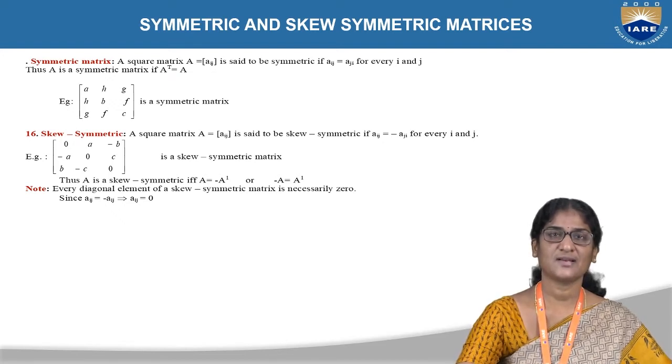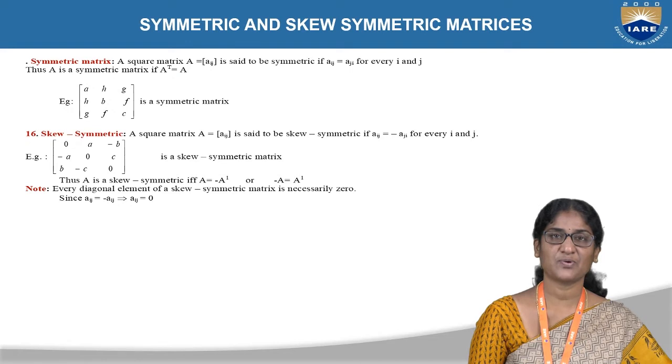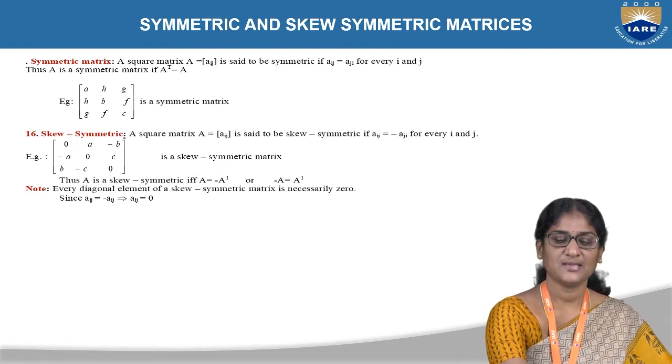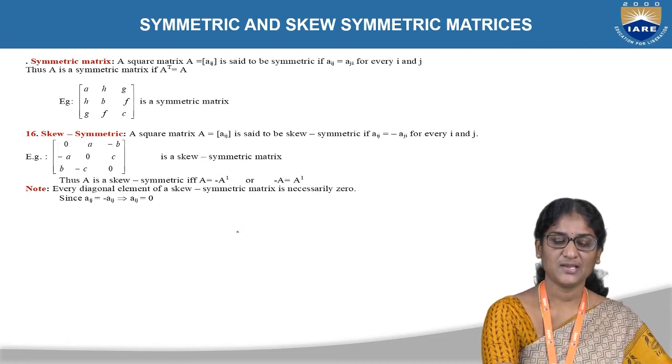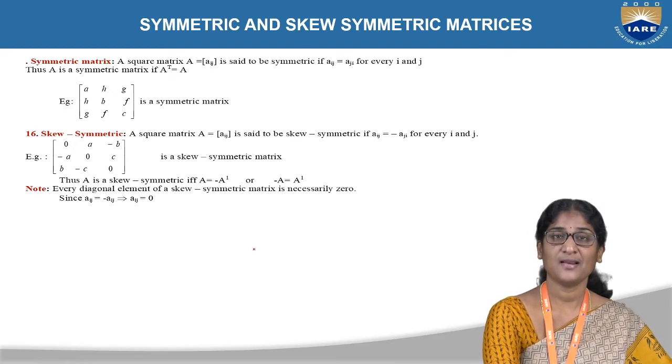I have already said that a matrix is said to be symmetric if A transpose is equal to A. Here, I am taking A as a square matrix, and this symmetric matrix is a property only of real matrices. I have quoted one example here, that is A, H, G; H, B, F; and G, F, C. Similarly, you can talk about the skew-symmetric matrix when A transpose is equal to minus A. It is another property of a square real matrix.